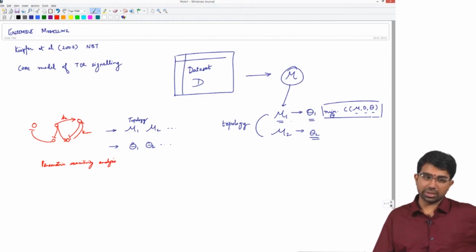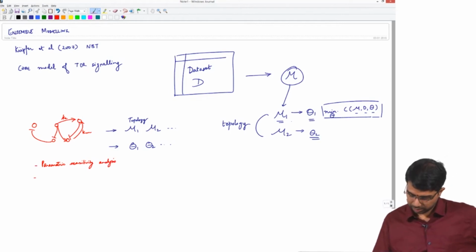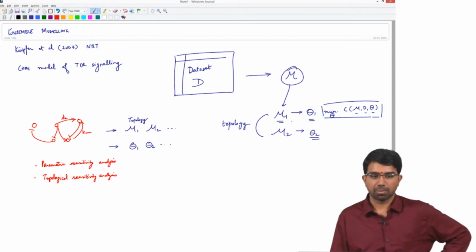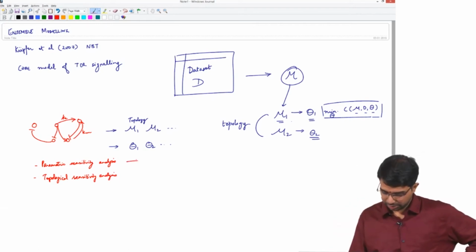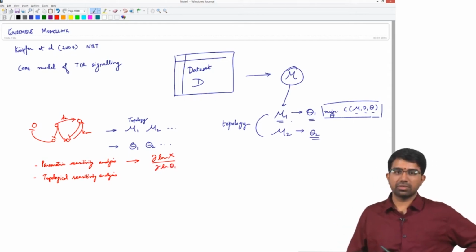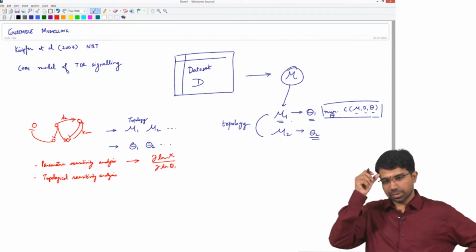One is parametric sensitivity analysis, and the other is topological sensitivity analysis. The first is easy, all you have to do is dou ln x, something of this sort, some state variable with respect to some parameter.